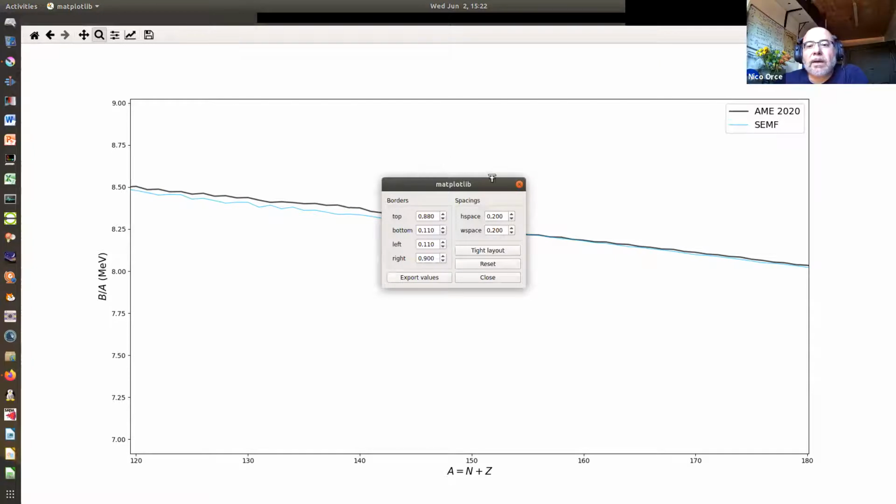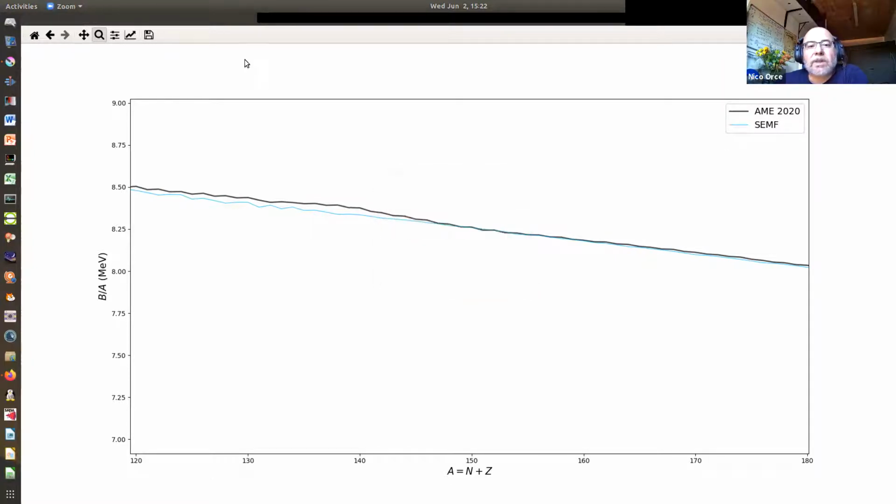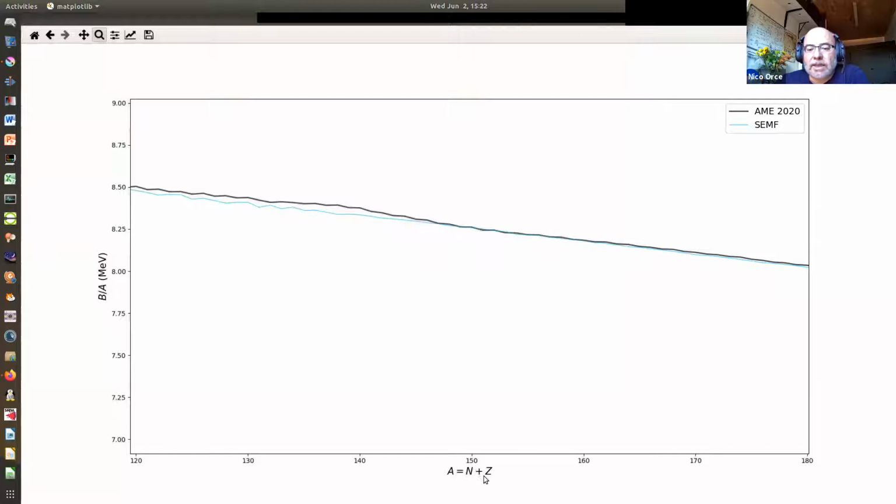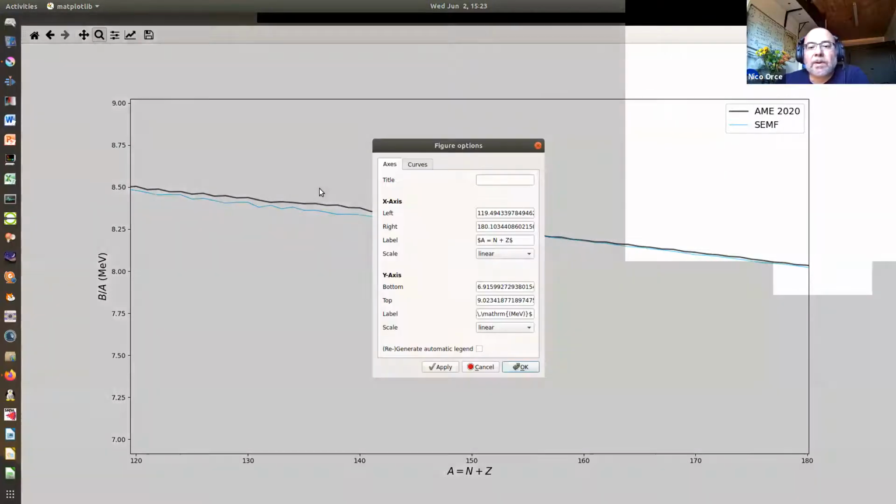So you have different possibilities for markings. Figure options: you can change the axis, make it bigger. For the labeling, A minus Z, you can put it where it belongs. You can make it a log, which is actually very nice.